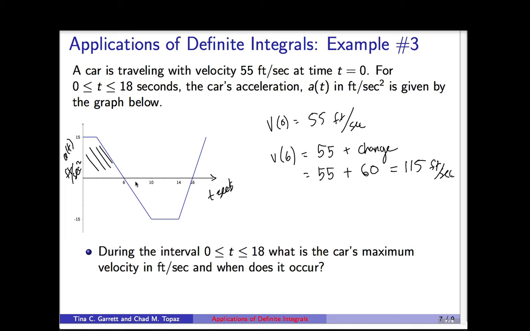Now if you think about what happens after time 6, you're decelerating, you're slowing down, slowing down, slowing down. You're actually slowing down quite a bit. So the maximum velocity in this picture is going to be right at time 6. You do speed up a little bit after time 16, but you can check that out. It's not gonna get you back to where you were. The maximum velocity occurs at time 6, and you're going 115 feet per second.